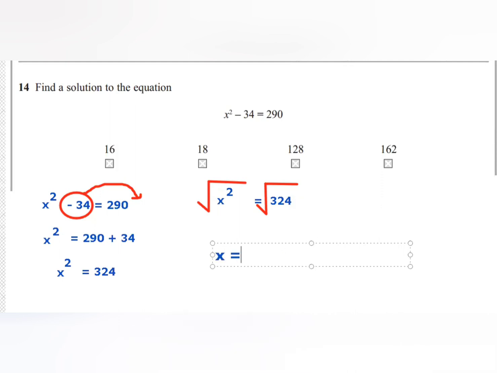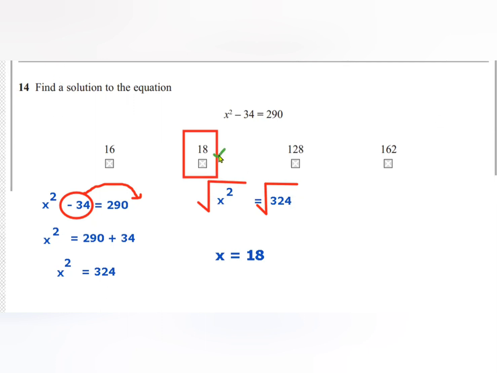And then equal sign. Now the square root of 324 equals 18. So the correct answer, or the value of x, is, very good, 18. And this is how you answer a question like this.